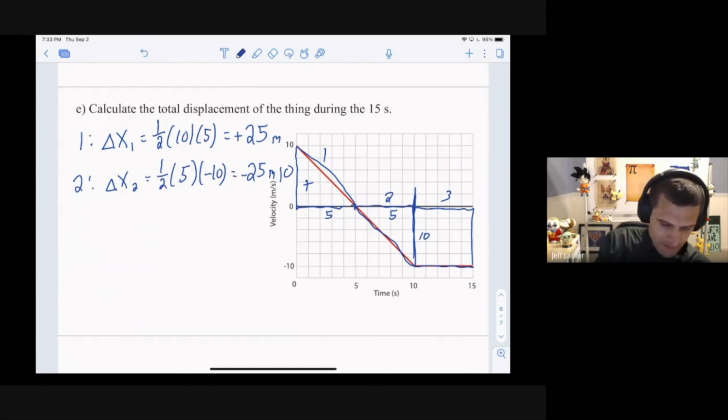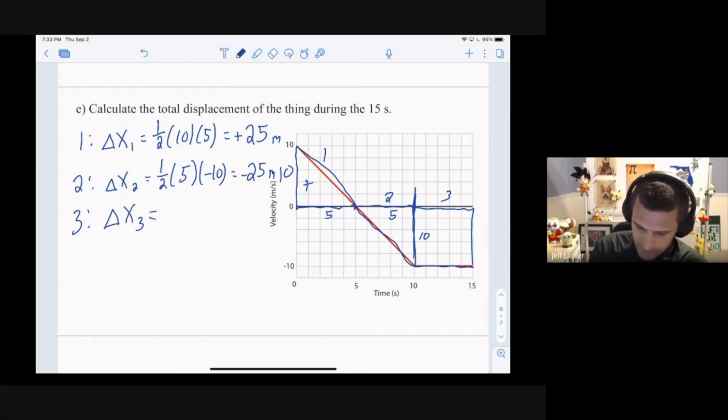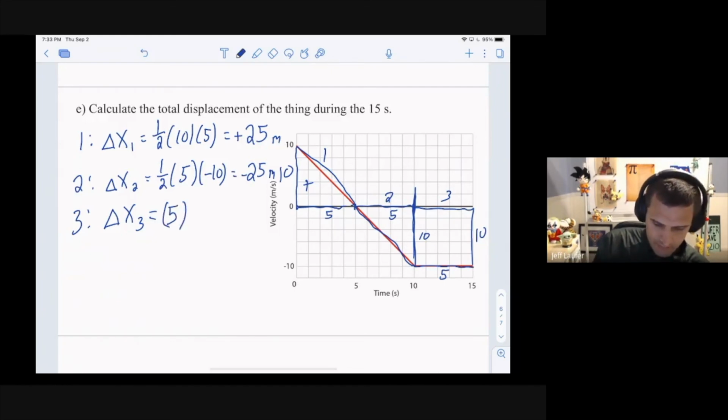So to find the final displacement here, I'll look at region 3, that rectangle there. So I have delta x 3, and this is a rectangle. The units are going to be in the x direction 5 and the y direction 10. Area of a rectangle is just base times height. So I have 5, and then it's negative, so -10, and that's going to be negative 50.